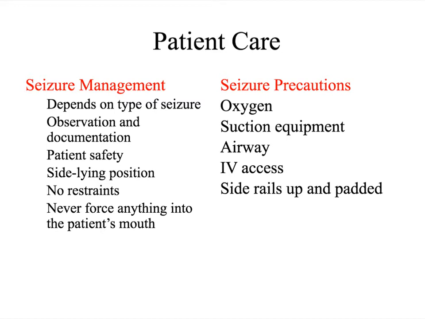Airway here is, you can do an oral airway, which is a little thing that you can place in their mouth, but that would be after the seizure. That can help you make sure that the patient is getting an open airway.